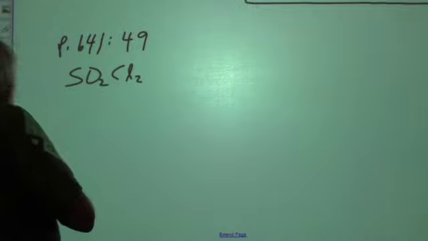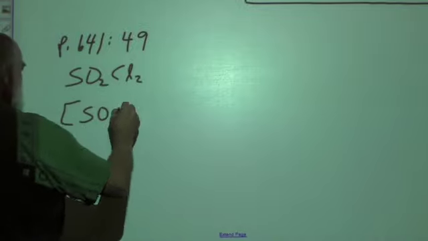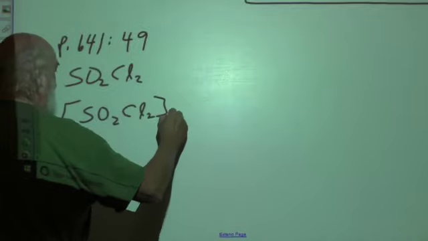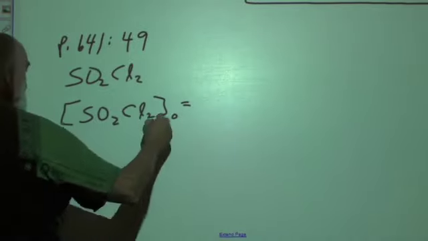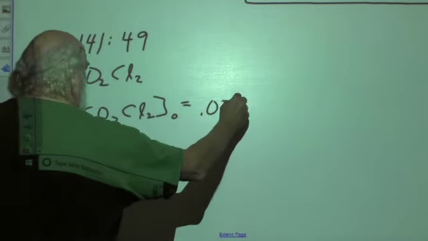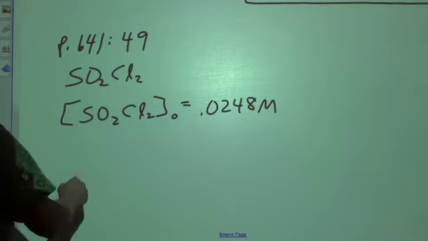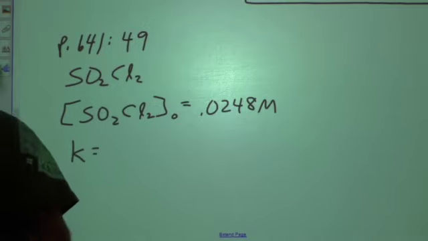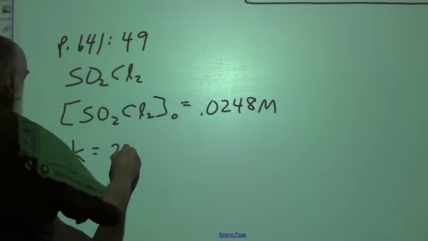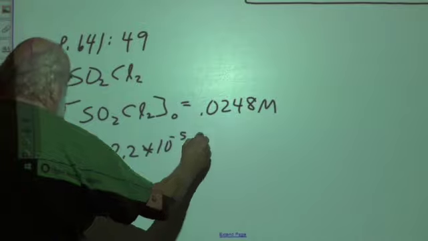And it says that the initial concentration of that, so that's the concentration of SO2Cl2 sub-zero, is 0.0248 moles per liter. And it says the rate constant, so that's our K, and that is 2.2 times 10 to the negative fifth seconds to the negative 1.